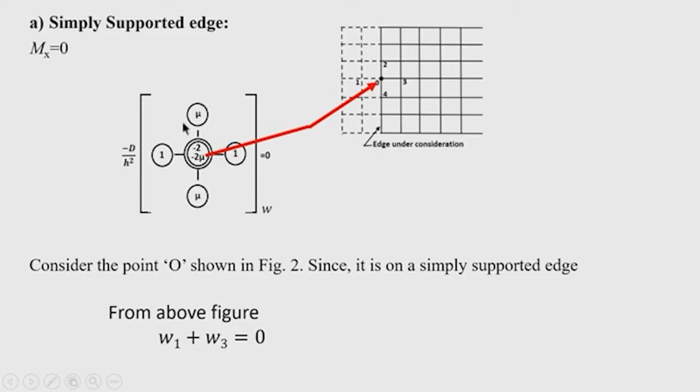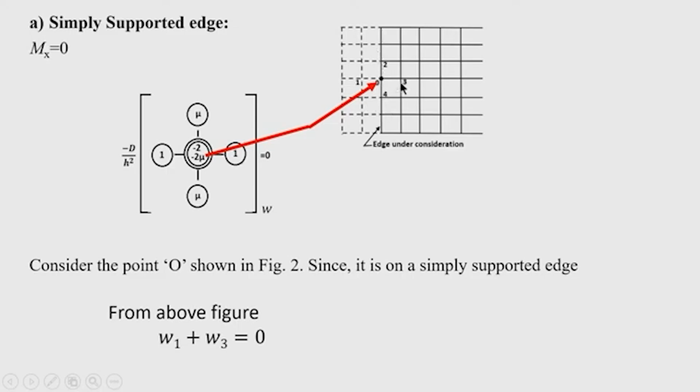So, our stencil was this for the bending moment. If I put this node here, then at the boundary the displacements are 0. So, the displacements of nodes 2 and 4 are 0, and the displacement of node 0 is also 0, because it is falling on the boundary.